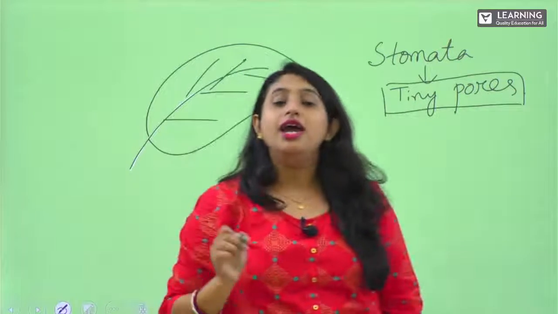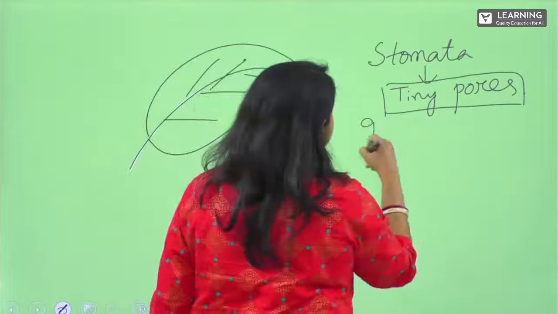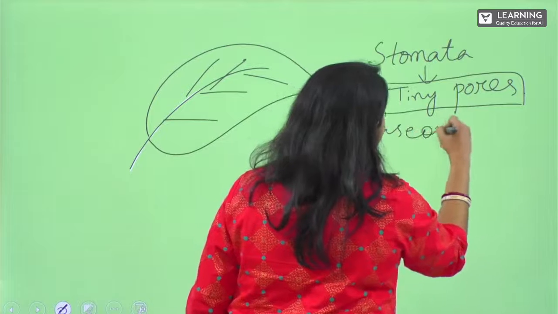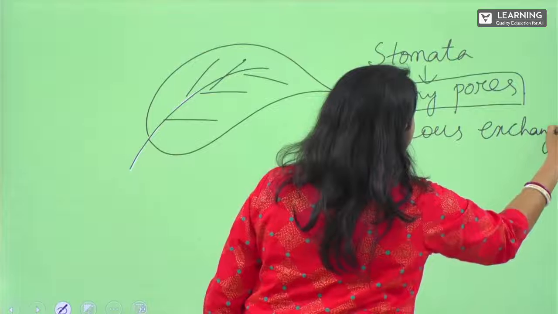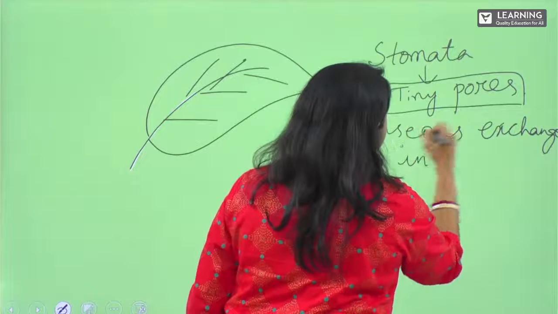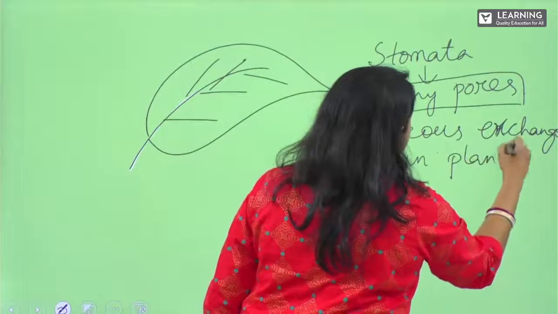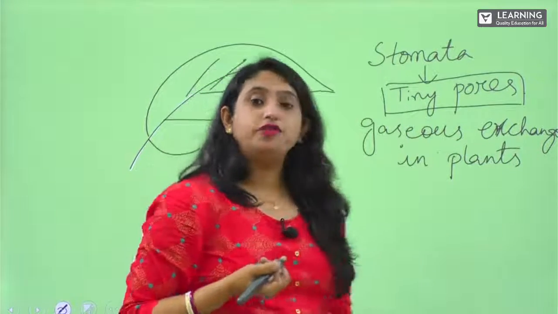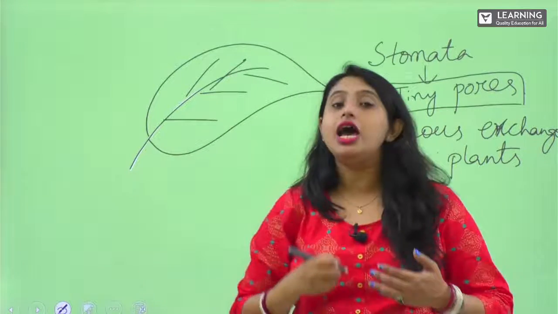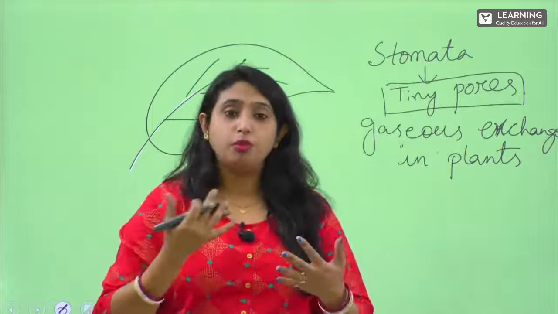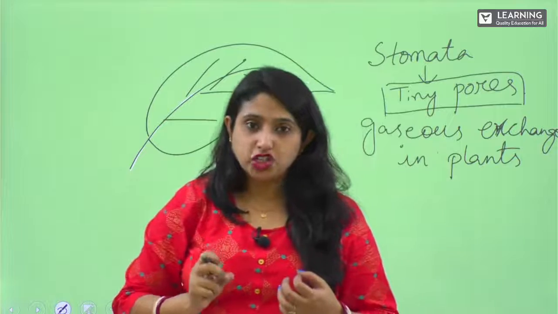The stomata help in the gaseous exchange in plants. This is very important for the process of respiration in plants, that is the exchange of oxygen and carbon dioxide. So these tiny pores help in the process of respiration in plants.